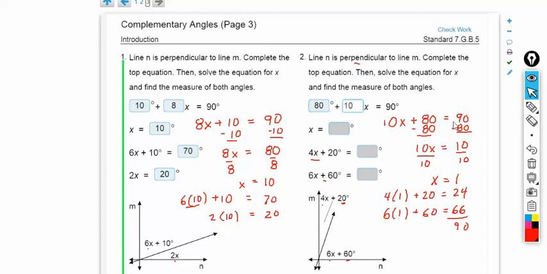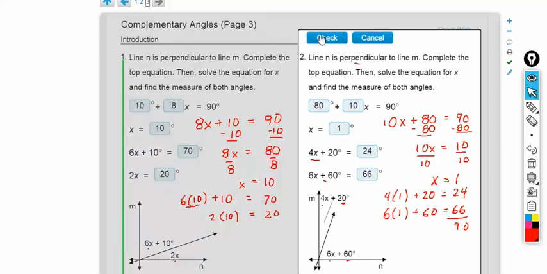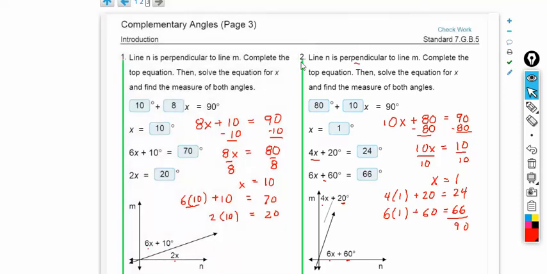Then we said that x equals 1, this one was 24, and this one was 66. Looks good. Put those in your notes. Complete the bottom halves of the pages. If you have any questions, see me in class, and other than that, peace.